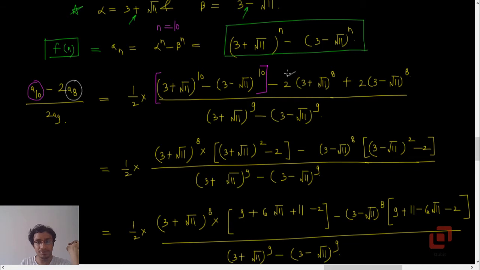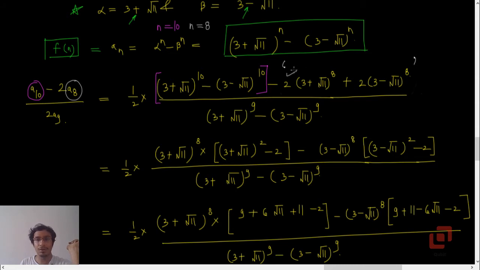Do not forget this 2. a8 means n equal to 8. Now I already subtracted it, so the first term will be negative and the second term will be positive. This bracket is only for indication purpose, so let me change it just to avoid confusion.